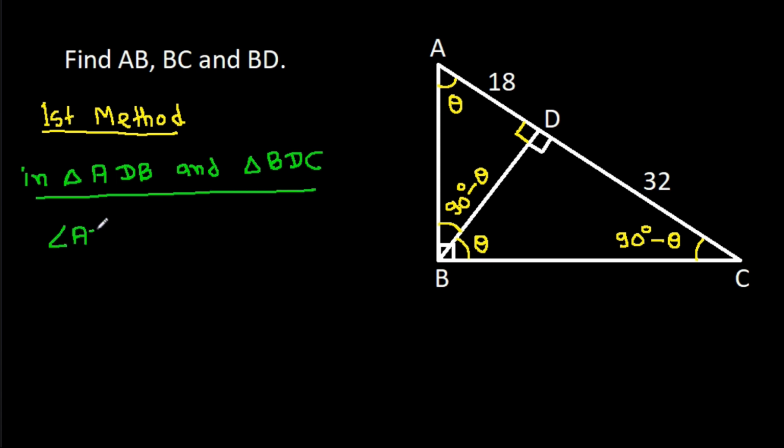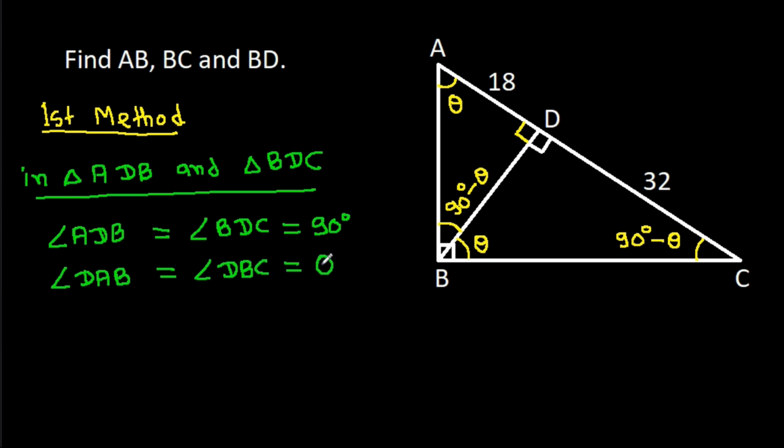we have angle ADB is equal to angle BDC, that is 90 degree, and angle DAB is equal to angle DBC, that is theta. So triangle ADB, it will be similar to triangle BDC.